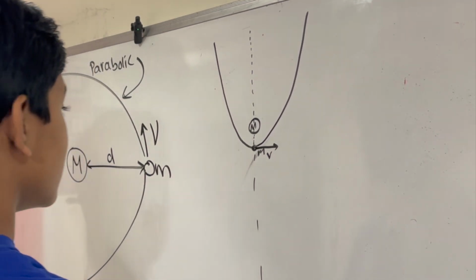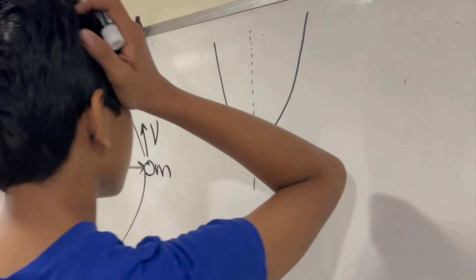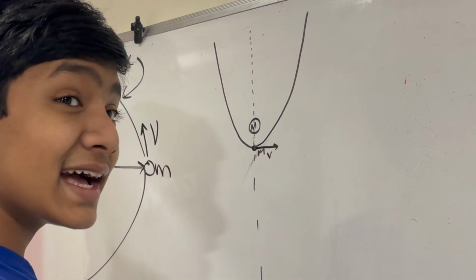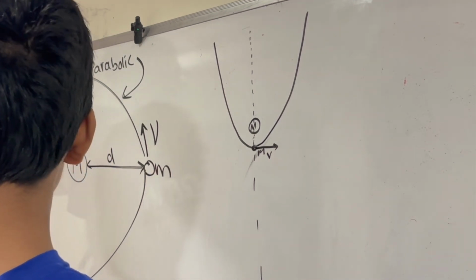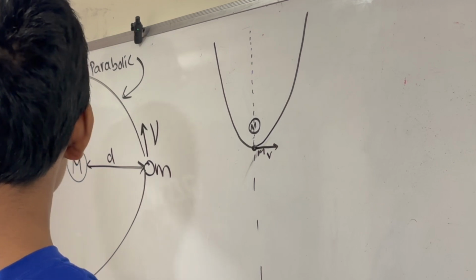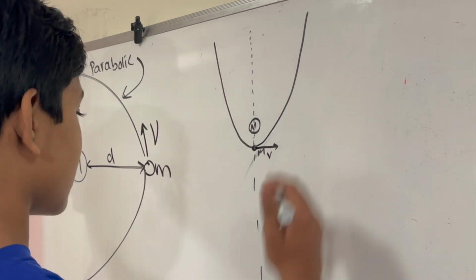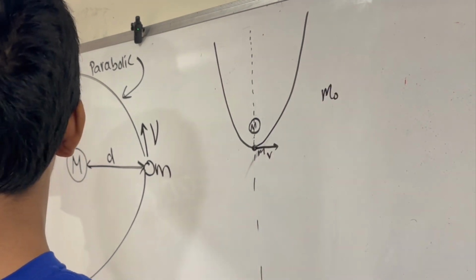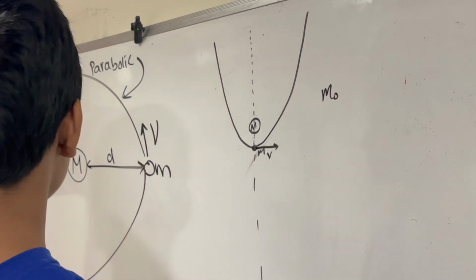Rest mass, you mean? Dad gave you a hint, take the hint. Rest mass? Yeah. Which is related to what? Relativity? No. What is the energy related to rest mass? It's just the mass.